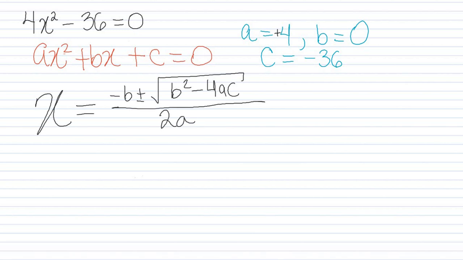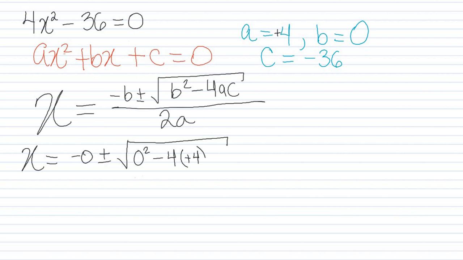Well, since we're working with the quadratic formula, we're just going to substitute all of the values and solve for x. So you have x equals negative 0, plus or minus the square root of b squared, so that's just 0 squared, minus 4 times positive 4, because it's 4ac, right?